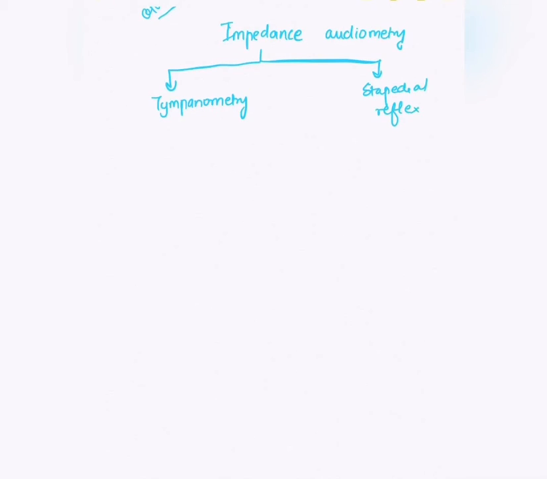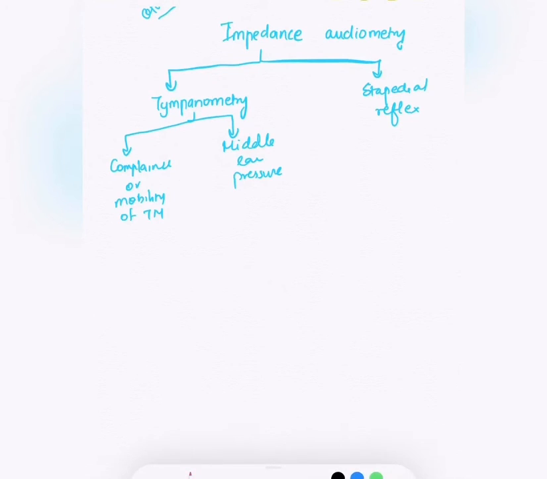In tympanometry, two things would be tested: the compliance or mobility of the tympanic membrane and the middle ear pressure. Okay, so you have to remember, this is very important. Remember that in tympanometry we test for the compliance or mobility of the tympanic membrane and the middle ear pressure.